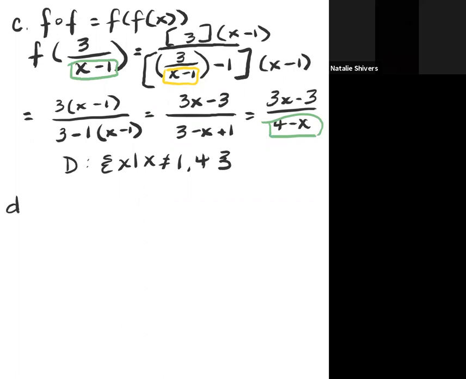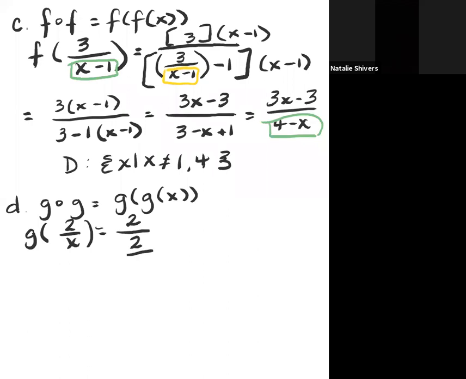Last one, g of g. All right. So I get g of 2 over x. So it becomes 2 over x.